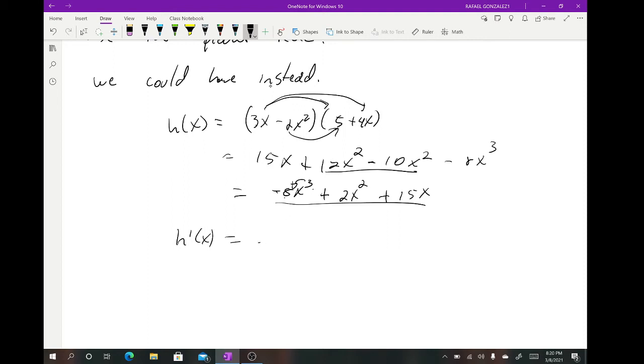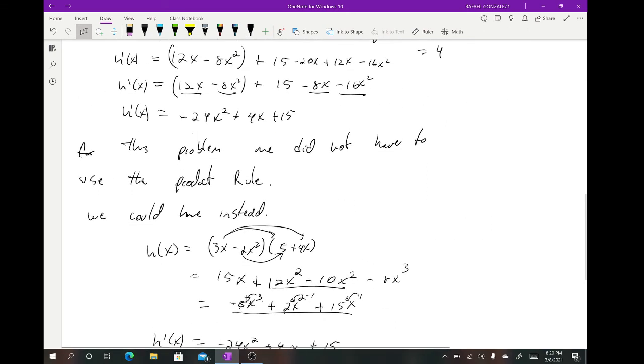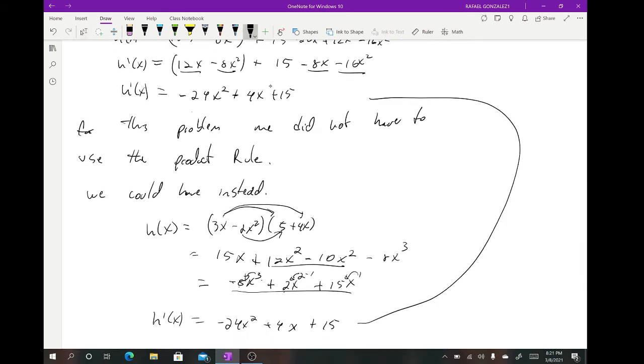This is going to be negative 24x squared plus 2 times 2 is 4. You multiply this 2 by that 2, and then you minus 1, so plus 4x to the first, and then 15 times 1 is 15, and we get rid of the x, so plus 15. So we have indeed the same solution as before.